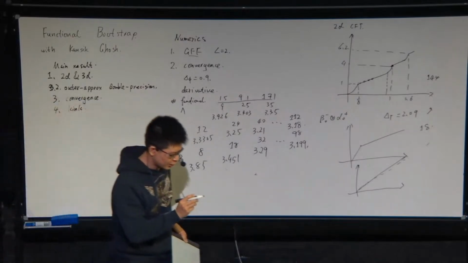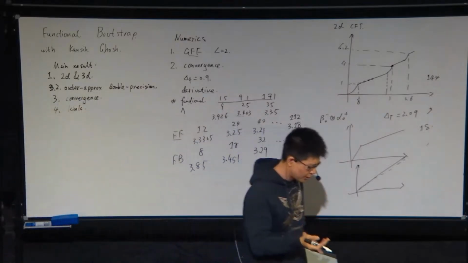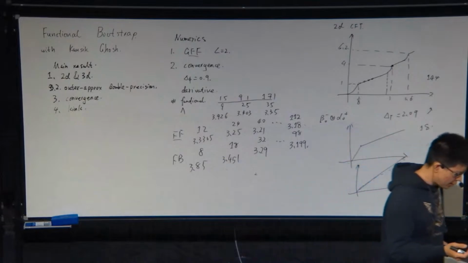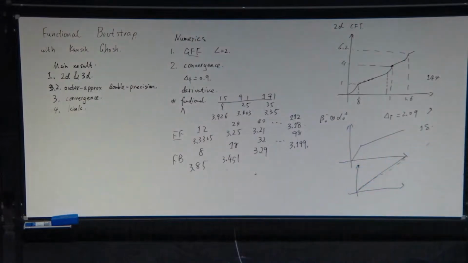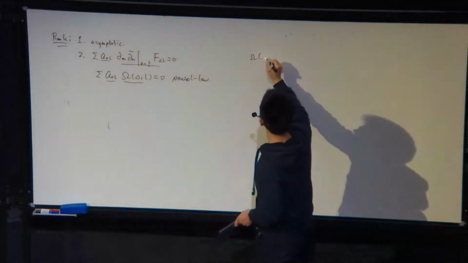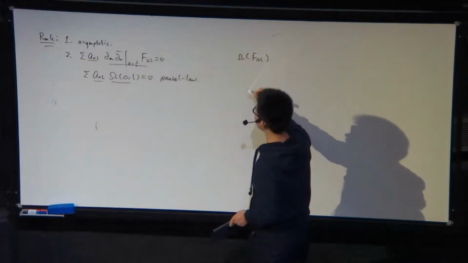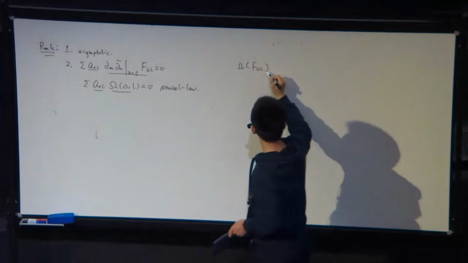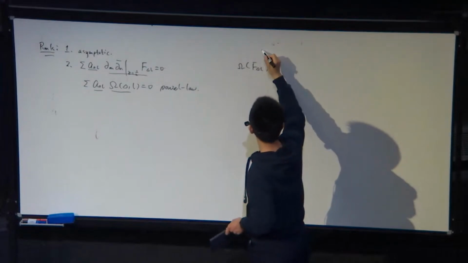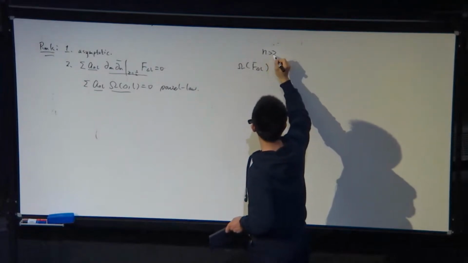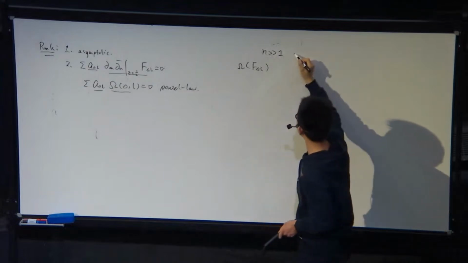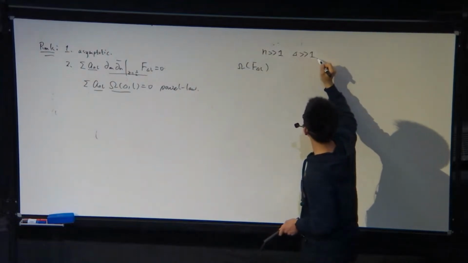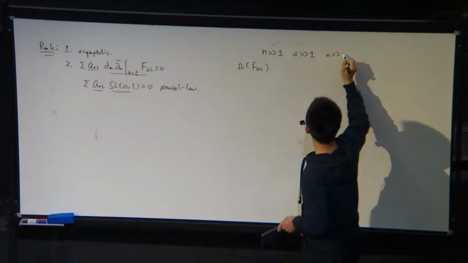of that power law convergence, the way we evaluate the functional, there seems to be some subtlety. Let's say omega of f, delta, L. When omega is large, in that expansion, n is much larger than 1, delta is also much larger than 1, and n is much larger than delta.